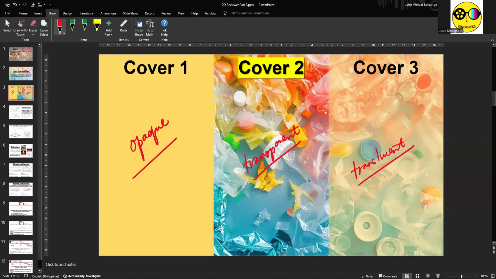That's why you can clearly see the plastics. And lastly, cover number 3 is translucent because translucent objects partially transmit and absorb light. Therefore, may nakita pa kayong plastic although barely visible or blurry na lang. So this is how you differentiate and compare objects according to their light transmission abilities.